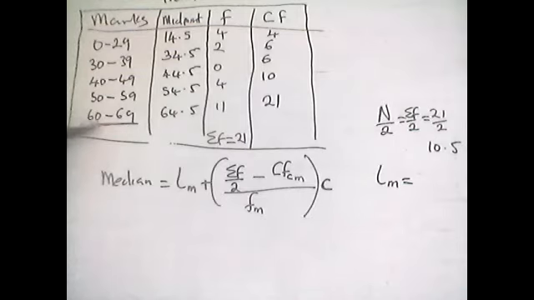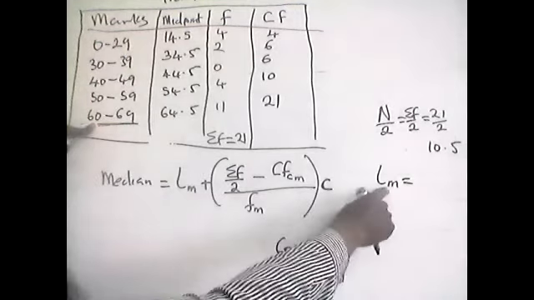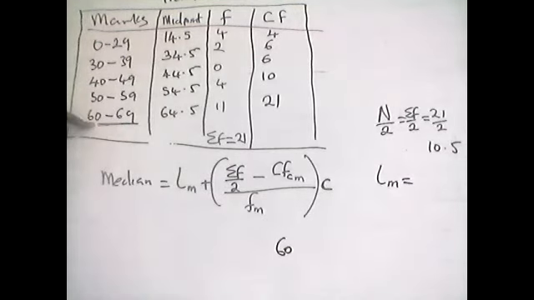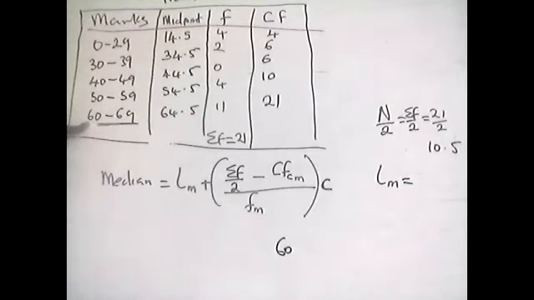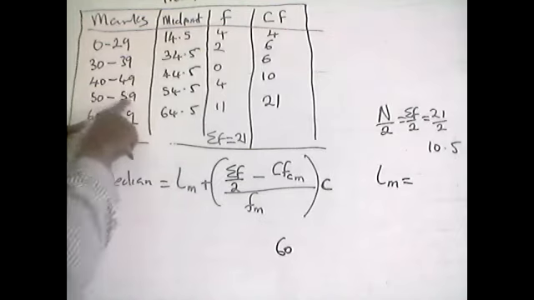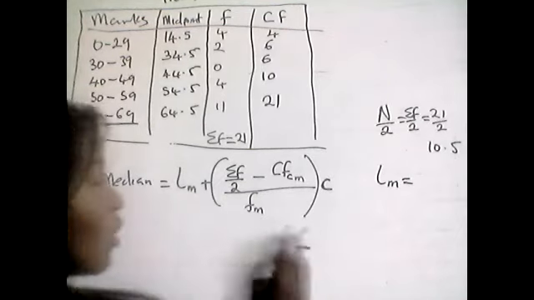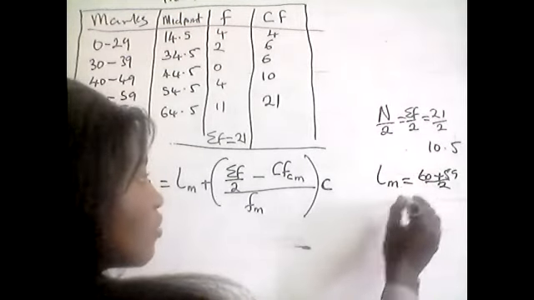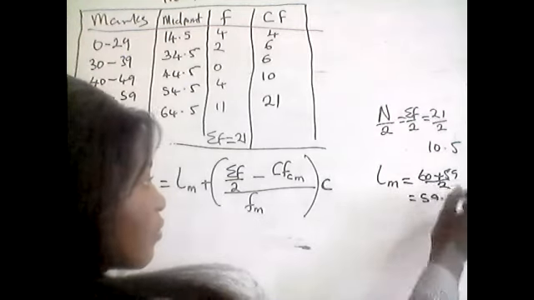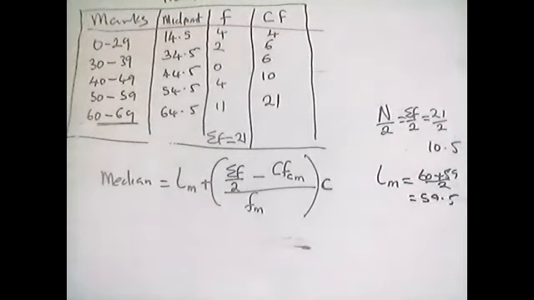The lower limit of this class is 60, and the preceding class has an upper limit of 59. So you add 60 plus 59 and divide by 2, and this gives you 59.5. So our LM is 59.5.